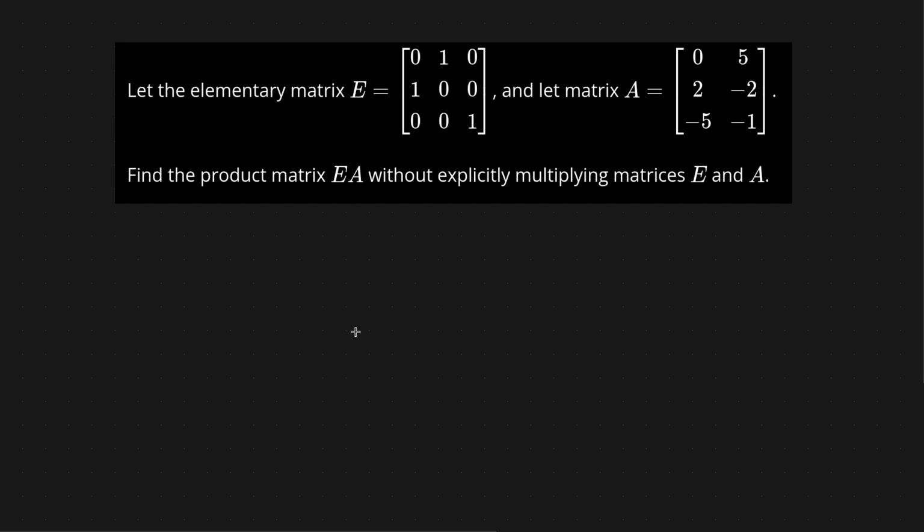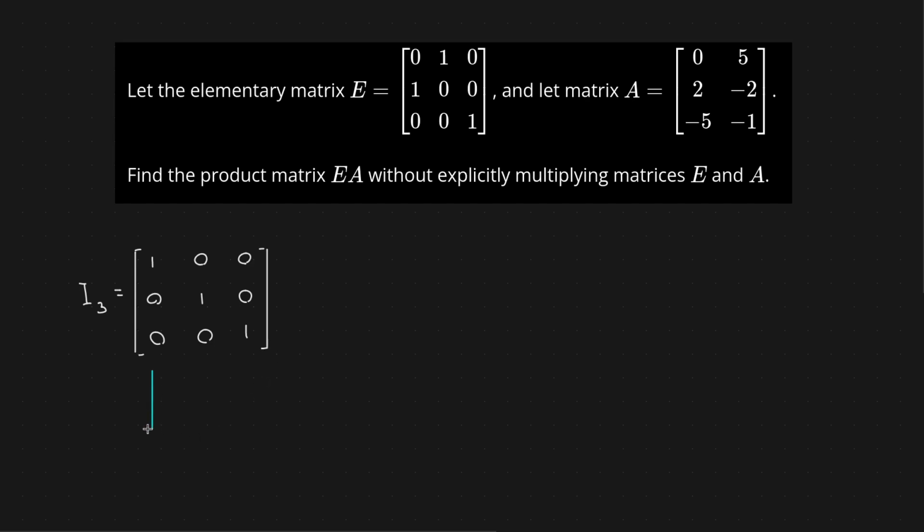So we know we obtain an elementary matrix by applying one elementary row operation to the identity matrix. So let's start with the identity matrix, I3. Okay.